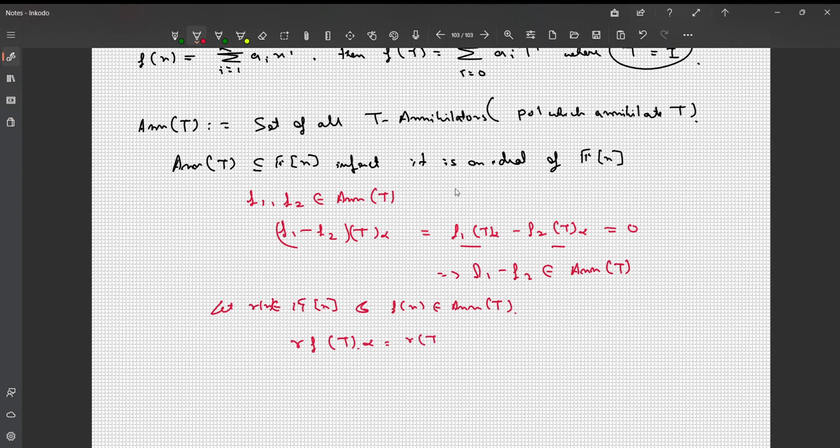It's simply r(T) of alpha times f(T) of alpha, which is equal to 0. Similarly, (fr)(T) will also equal 0. So this will imply fr and rf both are in the annihilator of T.